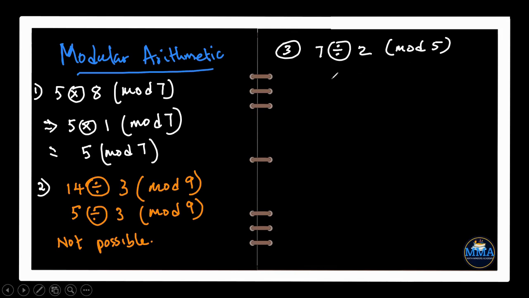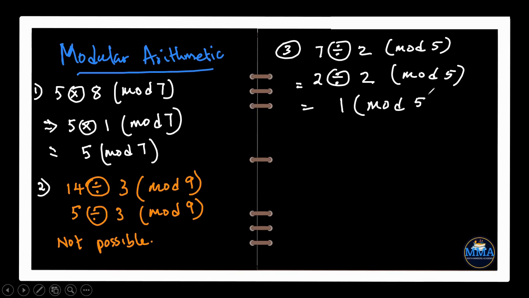It gives us a remainder of 2. So we have 2 divided by 2 in mod 5. Here, our answer is 1 in mod 5. So we got a value that is valid here.